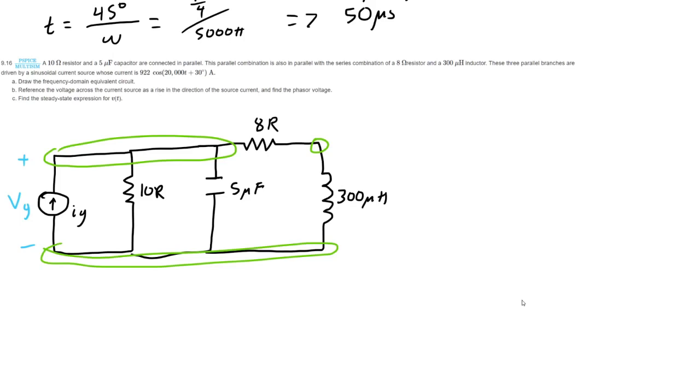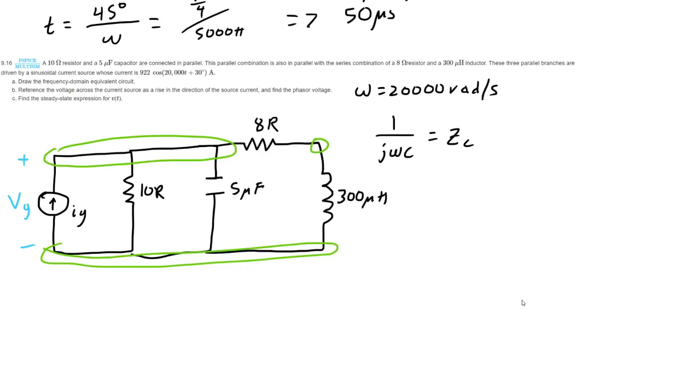So the number one thing I want to do is write down the angular frequency, which we know is 20,000 radians per second. Then we're going to use the equation for the impedance of the capacitor, 1 over j omega C. It's going to be ZC, which in this case, omega is 20,000 and the capacitance is 5 microfarad.